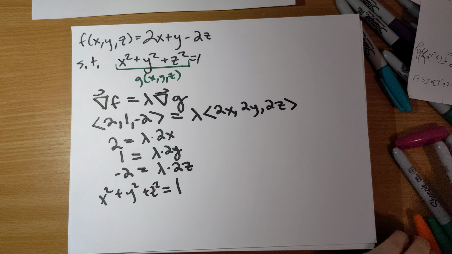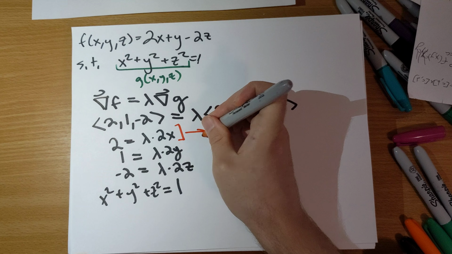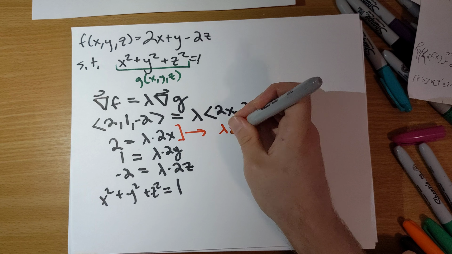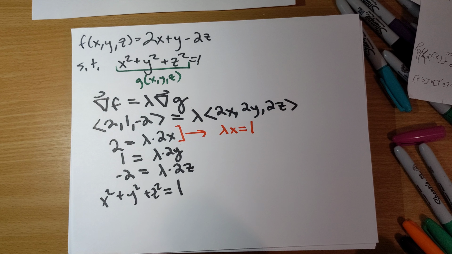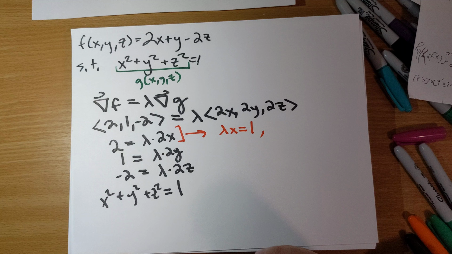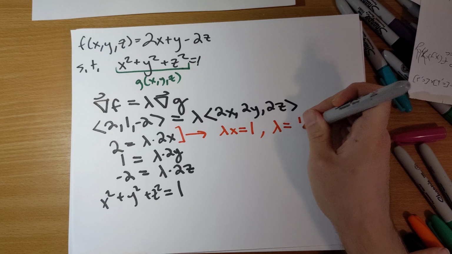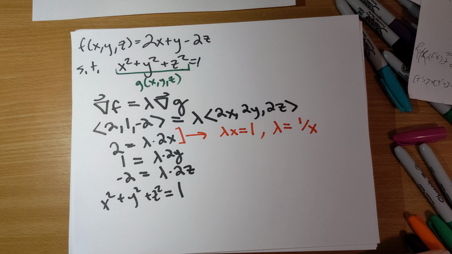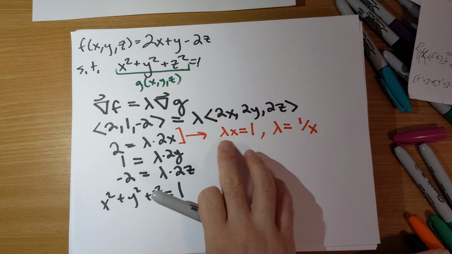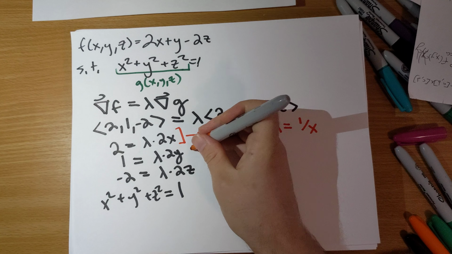So what are we ending up with? This first equation shows us that lambda times x is equal to 1, and so that tells us lambda is equal to 1 over x. And we can tell here lambda and x can't be 0, so we don't have to worry about that.